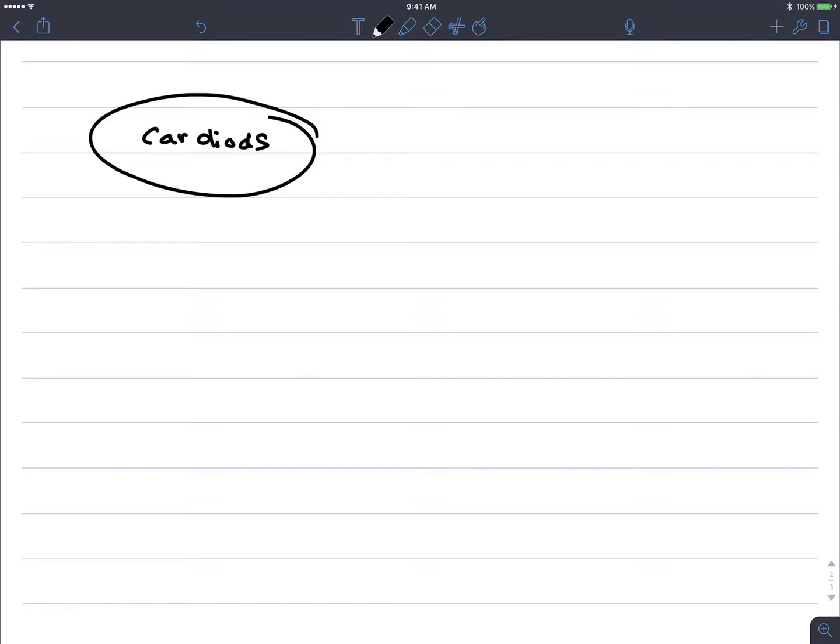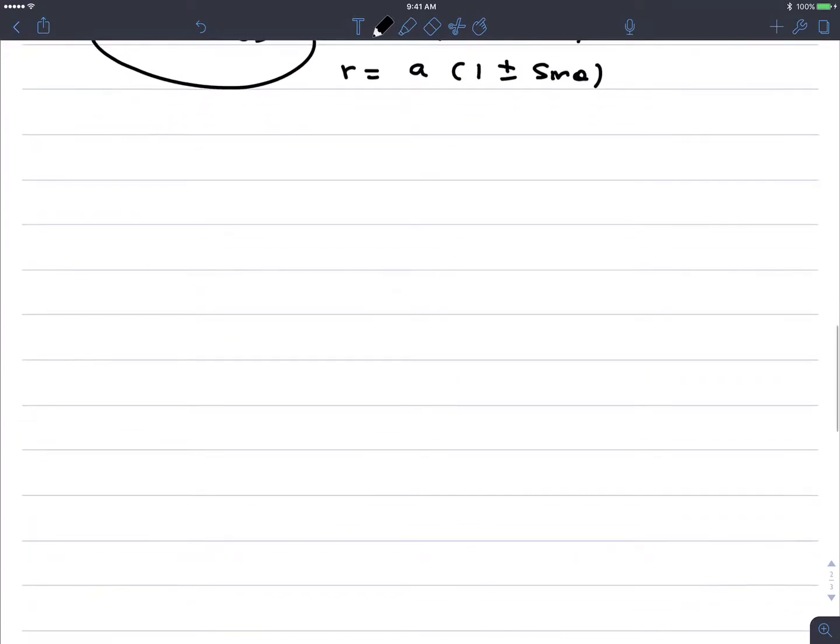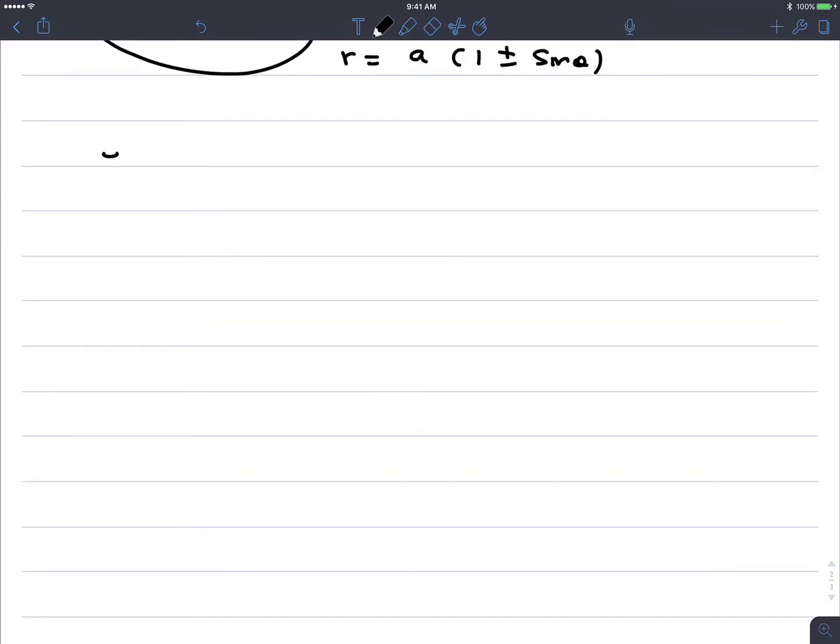It's really this: r equals a times 1 plus or minus cosine theta, or r equals a times 1 plus or minus sine theta. This gives you your cardioids.